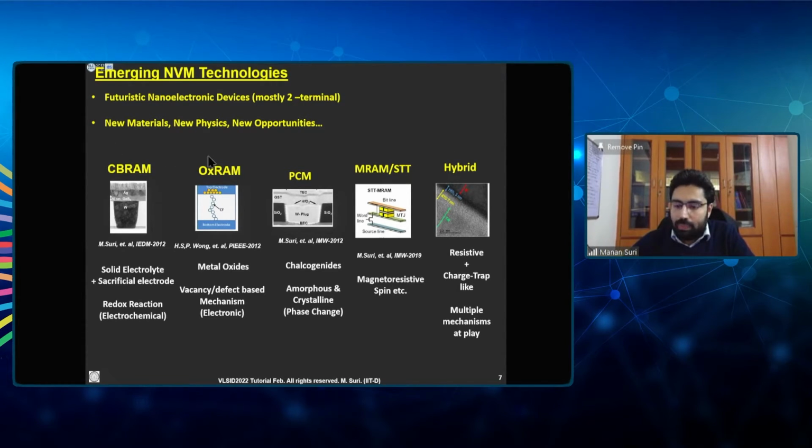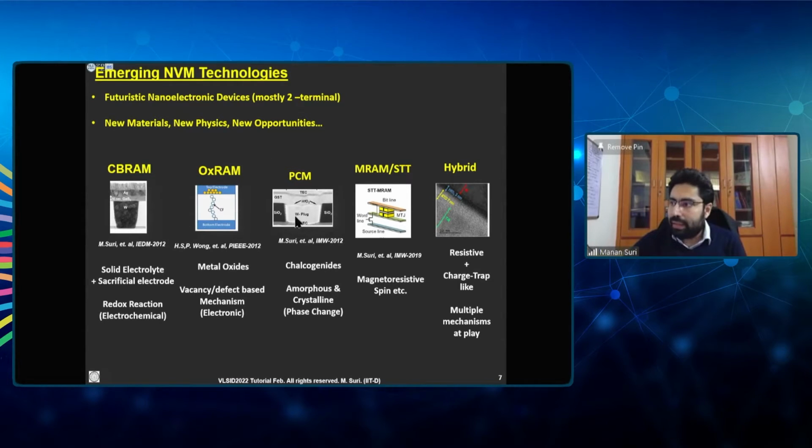So there are things like ferroelectric, some special charge-based devices. This is a whole gamut of different technologies which are becoming relevant, which are basically beyond your NAND flash, beyond your charge-based flash technology. And once you get into 3D flash or new materials, that is what starts getting termed as the emerging NVM technologies, or the emerging resistive NVM technologies, to be more precise.